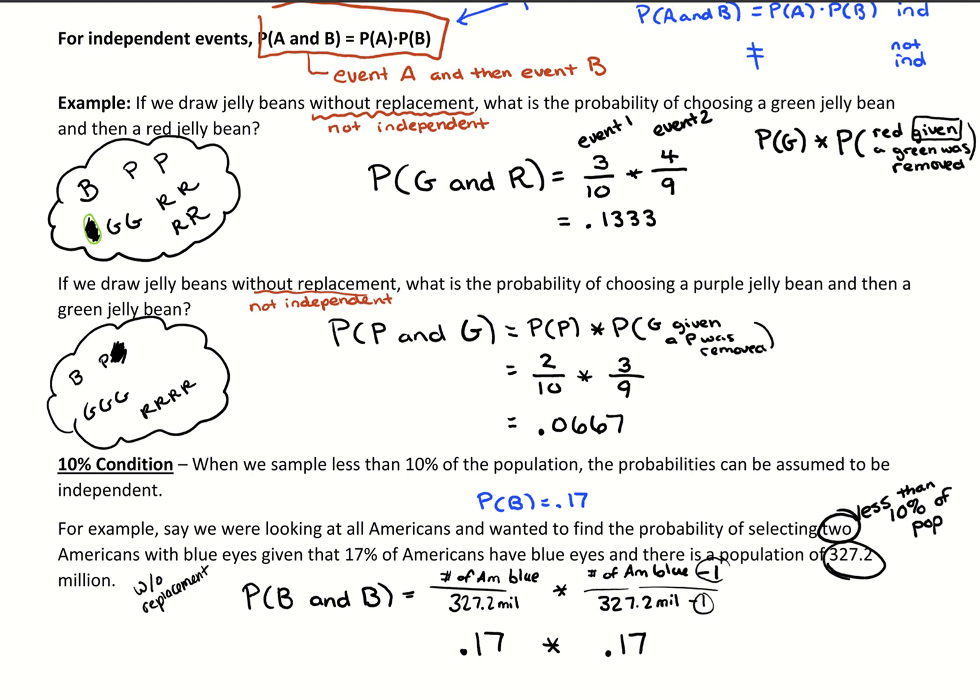So even though it's without replacement, we can assume independence. Instead of thinking of taking 1 away, just multiply the 2 probabilities together. Take the probability of blue times the probability of blue to get the solution. So the 10% condition is something we can use. It's mostly helpful when we're trying to work with a very large population.